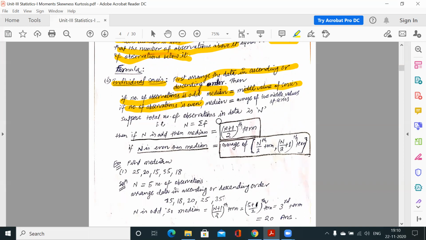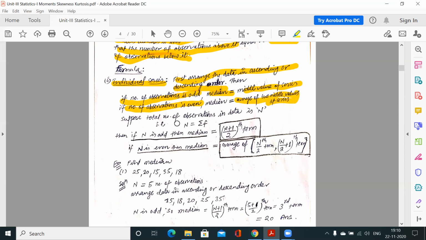So we have two middle values, 5 and 6, and we take the average of the two middle values. But for an odd number of data points, suppose we have 11 points, we know the sixth positional value is our middle value, because for the sixth positional value we have 5 points less than that value and 5 points greater than that value. So in total we have 11 points. Clear?